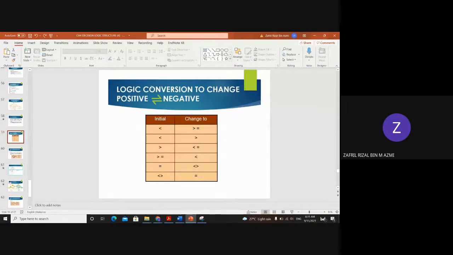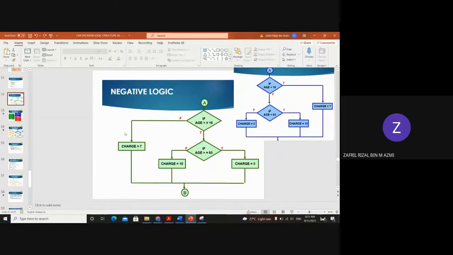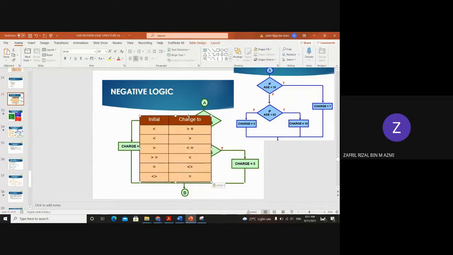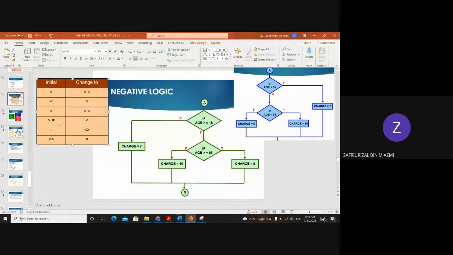Okay, logic conversion to change positive to negative or negative to positive. Let's look at this one and put it over here. So you can see over here, originally we have less than 16. If you have less than, either you use more than or equal, or you use more than. This is based on the case. In this case, it is more suitable to use this one.